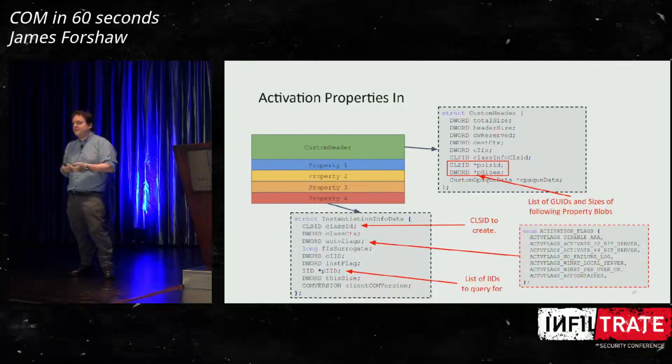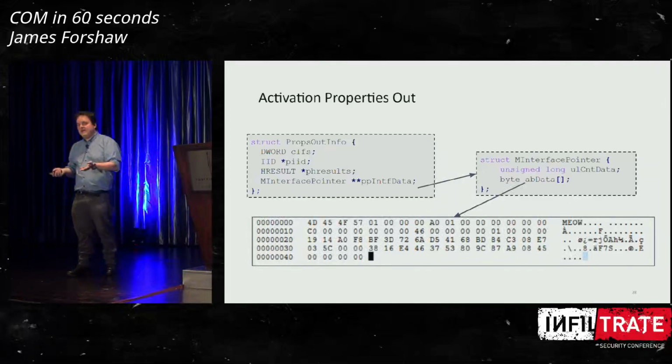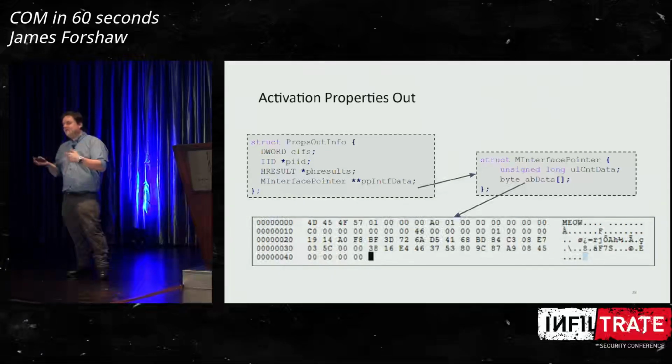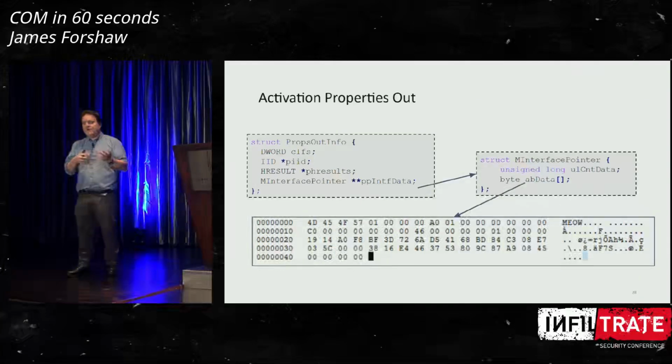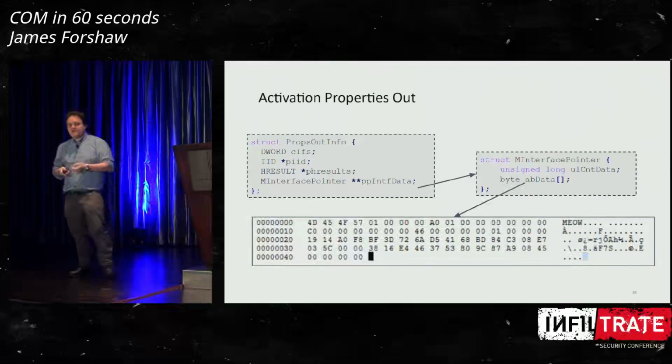They're all supported at this level. And you pass that to RPCSS, it passes it to the appropriate location, and hopefully you get a created object passed back to you. And how it passes it back is using activation properties out. And again, it has a set of different properties, but the main one is props out info. And this contains these marshaled COM objects. And you can see right at the bottom there, an example of a hex dump of a marshaled COM object.